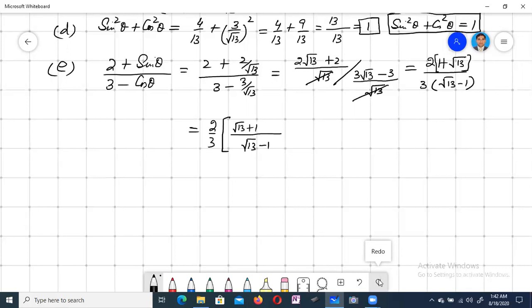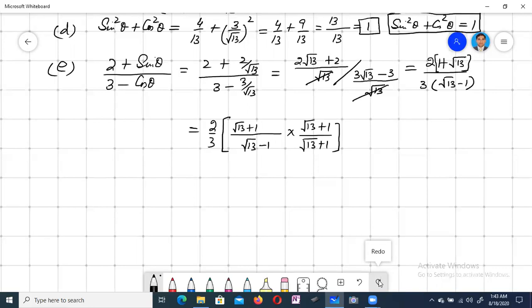Now we will rationalize. We will change the sign of this denominator, square root 13. After changing, it will be square root 13 plus 1. We need to multiply and divide with the same number, multiplying by square root 13 plus 1 and dividing by square root 13 plus 1.